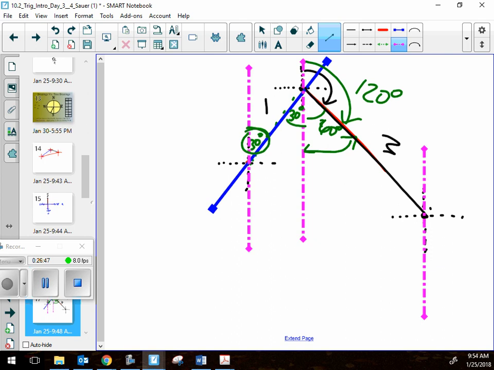So I'm going to set up alternate interiors again, or alternate exteriors, or all kinds of different possibilities. And then I'll say, if this angle right here was 60, can you tell that this angle right here needs to be 60? And if that angle right there is 60, then what's this angle right here? That must be 30.